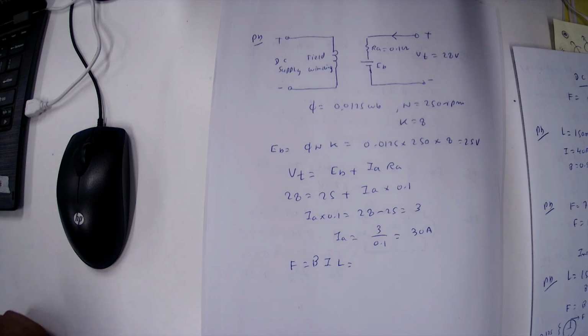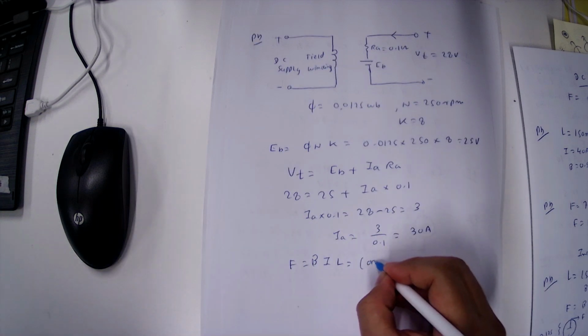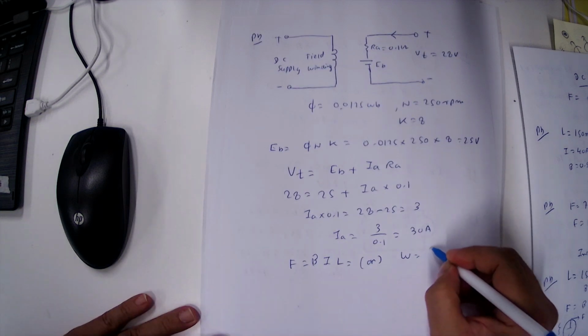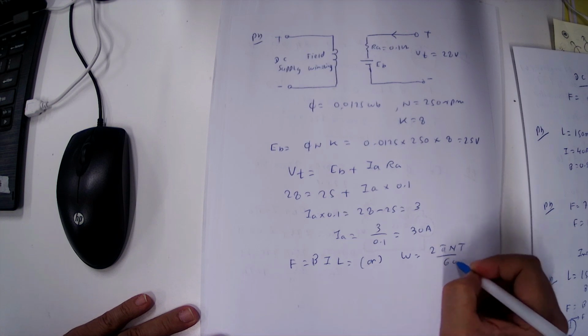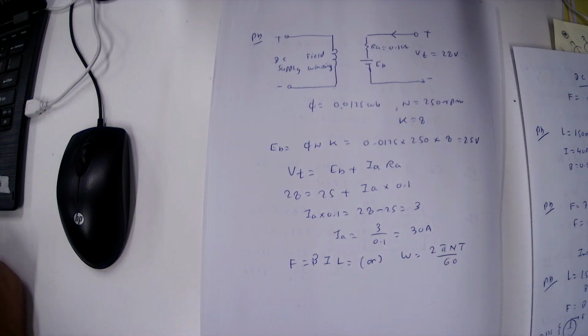So this is the BIL, or alternatively, machine power equal to 2 pi NT by 60. So there are two calculations we can use.